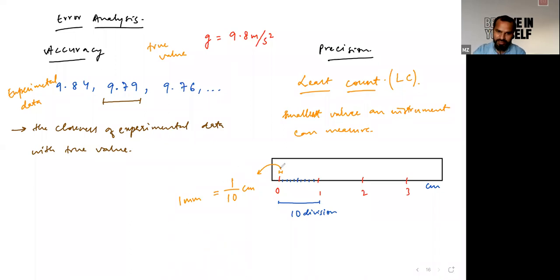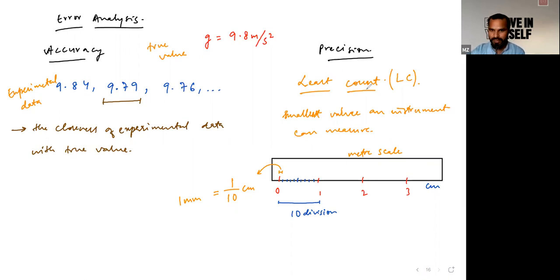So this is the smallest division which we can measure with the help of this meter scale. So the smallest division or the smallest value an instrument can measure is called the least count. So the least count of a meter scale is 1 mm or 0.1 centimeter. Similarly, we have different types of scales, vernier caliper, screw gauge, and so on. We have different least counts on the basis of their divisions.